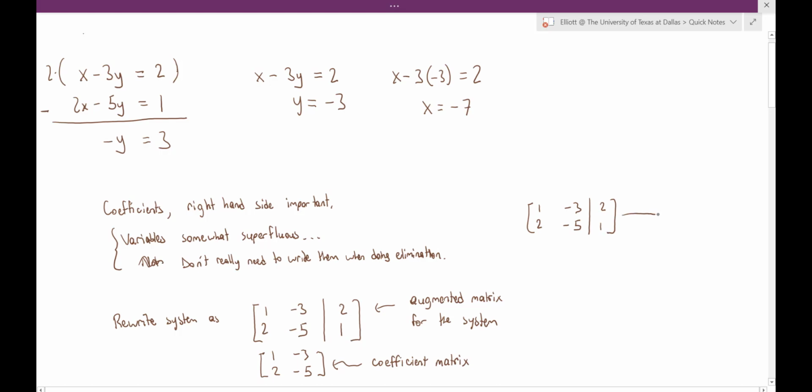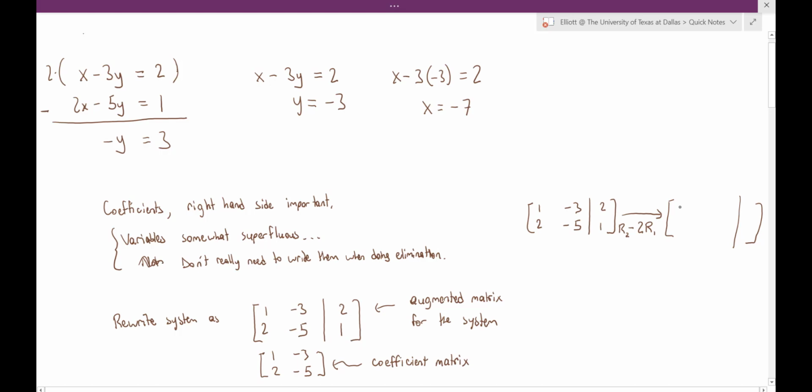So then that operation can now be viewed as an operation on the rows of this augmented matrix. So we could imagine taking the first row, multiplying it by 2, and then subtracting it from row 2. This is a little bit different from what we did, but it's the same idea.